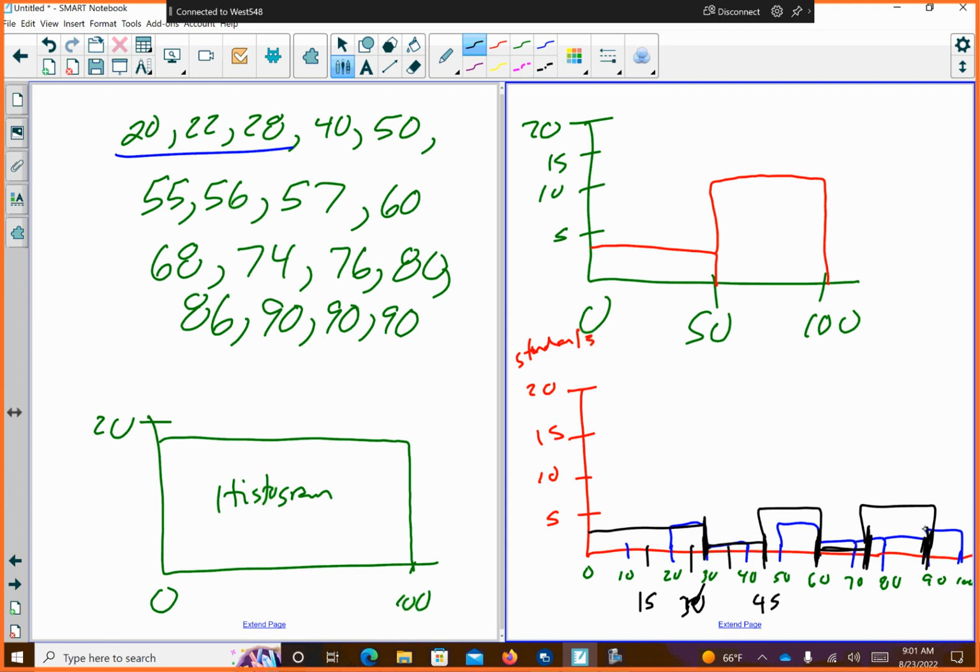And again, we're talking about misleading graphs.